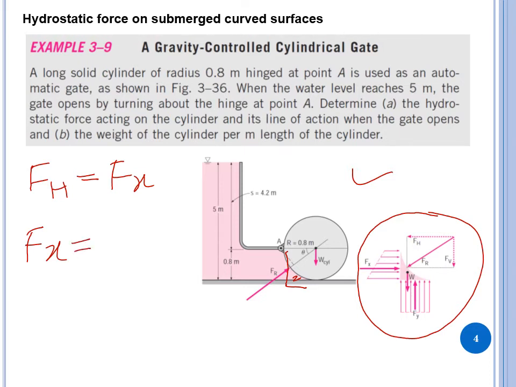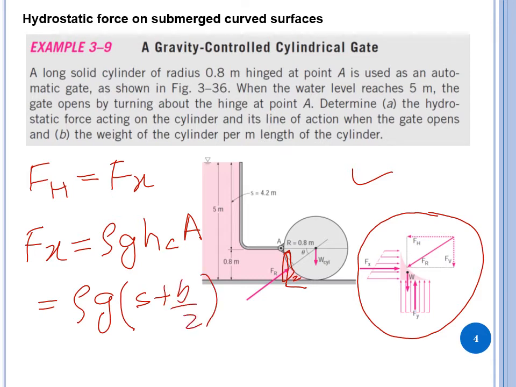Fx is going to be rho g hC times A. Since we are taking projection, this part here acts as a rectangle, so hC is going to be s plus b over 2. Now what is s here? s here is 4.2, and b over 2 is going to be basically the radius, 0.8 over 2. So we substitute these values here and we find the answer for Fx.